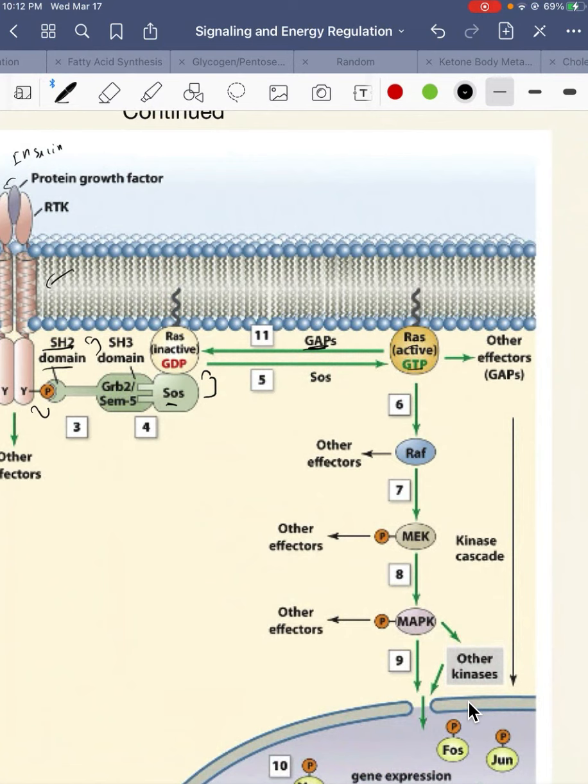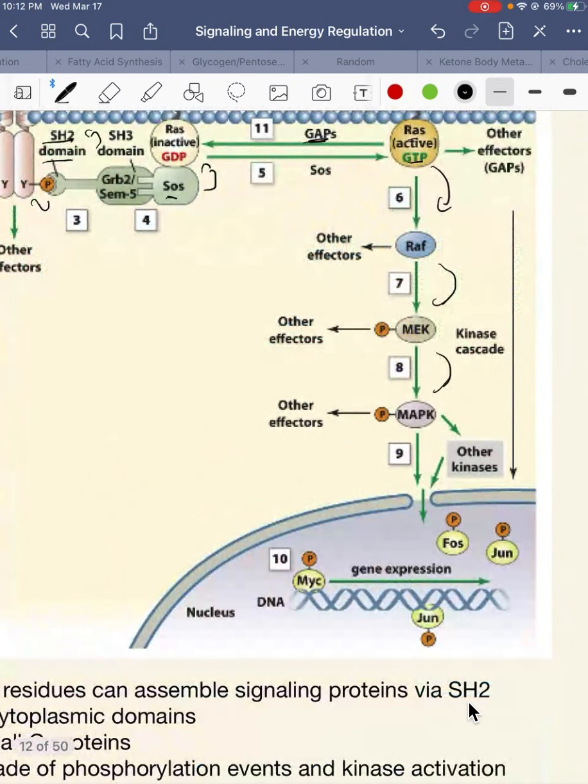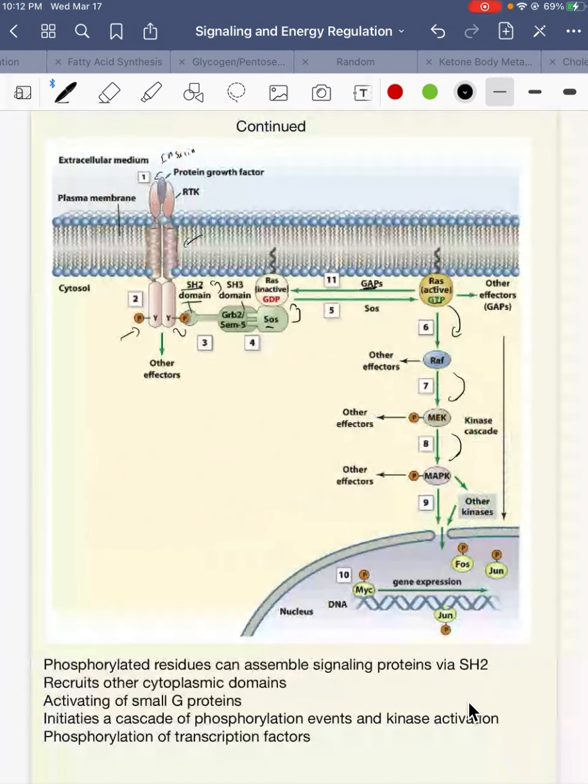Once RAS is active, it has GTP. It phosphorylates RAF, and it can also phosphorylate other types. So this is one type of mechanism. Remember, there's different types of these. Once RAS is activated, it can activate RAF. RAF can activate MEK. MEK can activate MAPK. And then MAPK can enter the cell and phosphorylate other stuff. So this is one way that receptor tyrosine kinase can go.